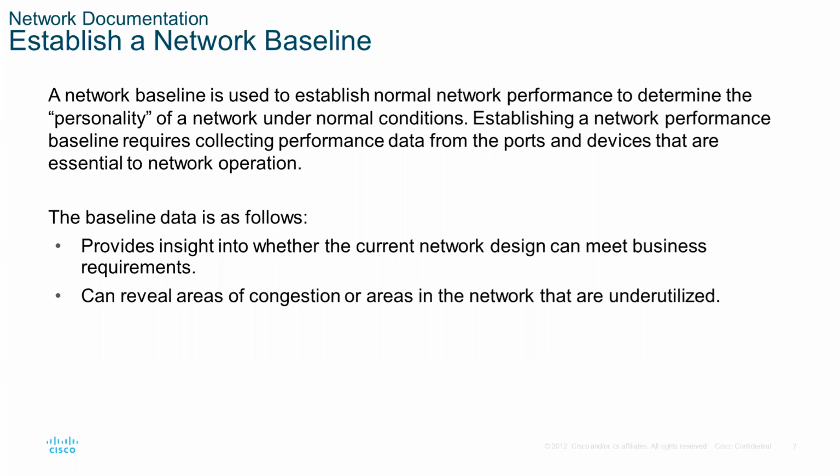The next thing you need to establish is a baseline. So this gives you what they call the personality of your network. It establishes what the traffic patterns are under normal operating conditions.